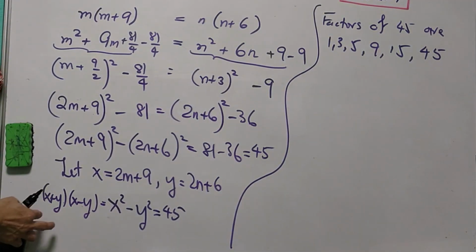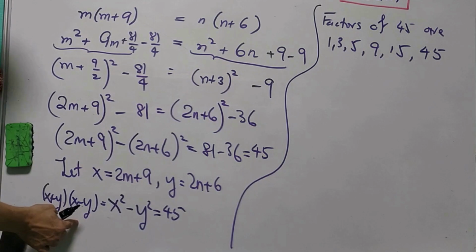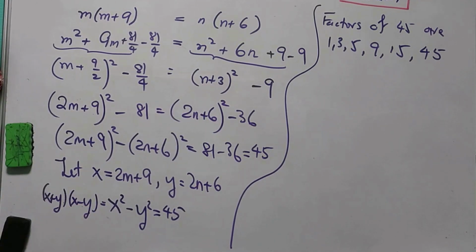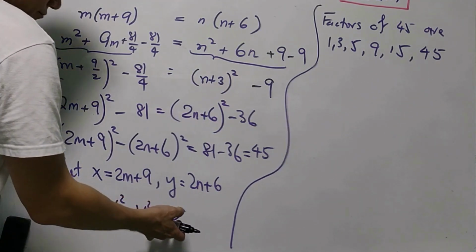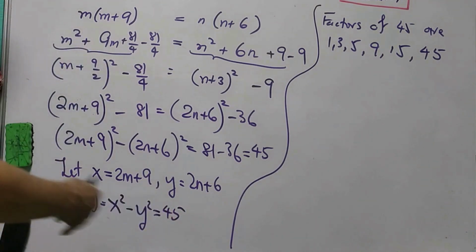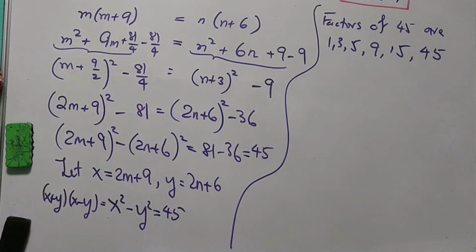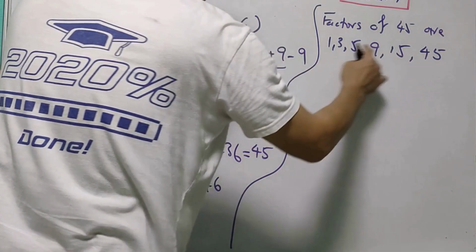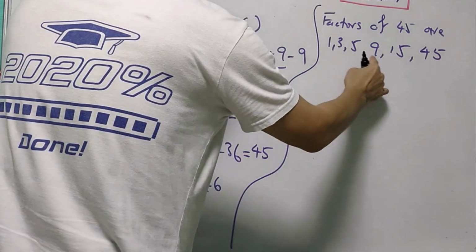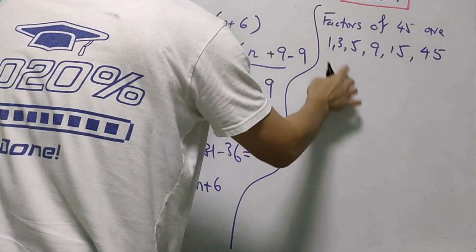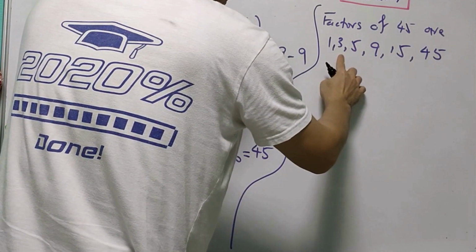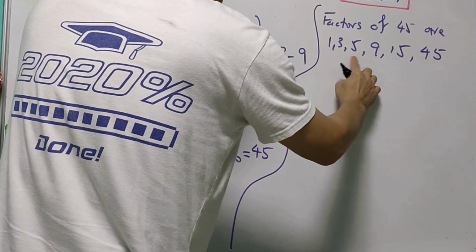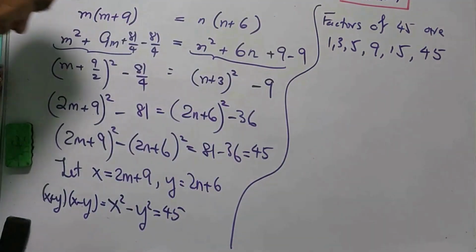Each of x plus y and x minus y must be an integer. And 45 can always be split into two integers, either 1 and 45, 3 and 15, 5 and 9, or negative 1, negative 45, negative 3, negative 15, negative 5, and negative 9.